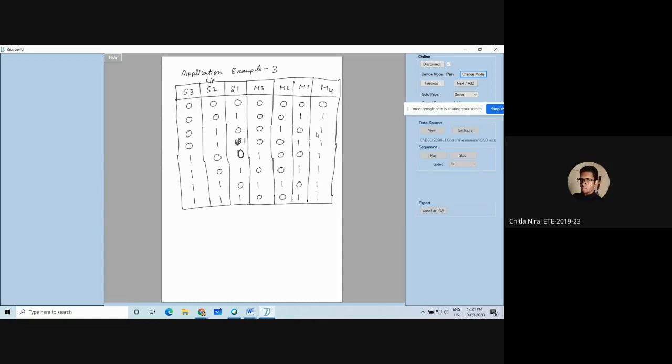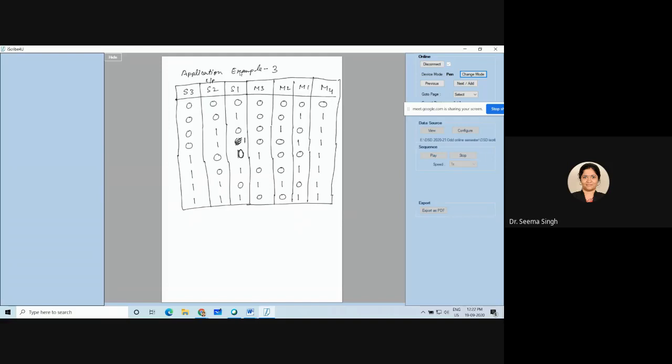Right? Yes. Now, ma'am, you can either make a K-map or you can analyze from the truth table itself. This is what I wanted you people to ponder upon when I gave this question. At the beginning only we saw that the M1 column is the same as the S1 column, right?